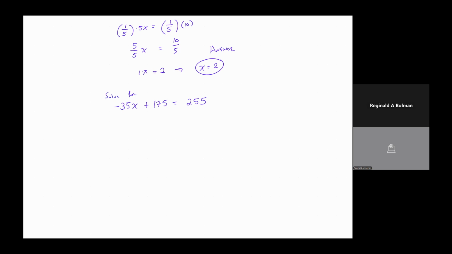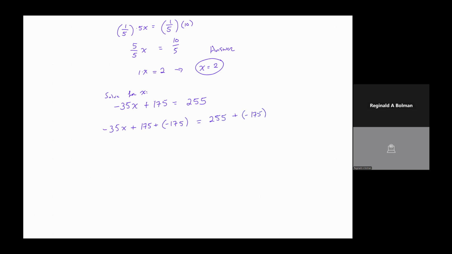What do we do? If we follow the strategy we used earlier, we start by attacking the addition operation with our additive inverse. We use the additive inverse of positive 175, which is negative 175, and add negative 175 to both sides of our equal sign.